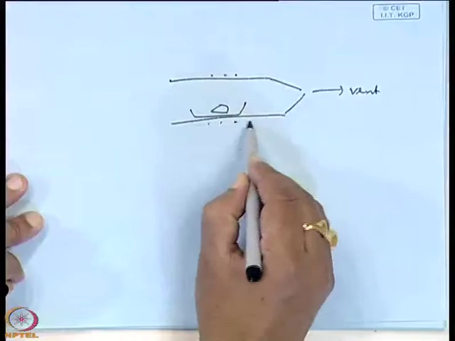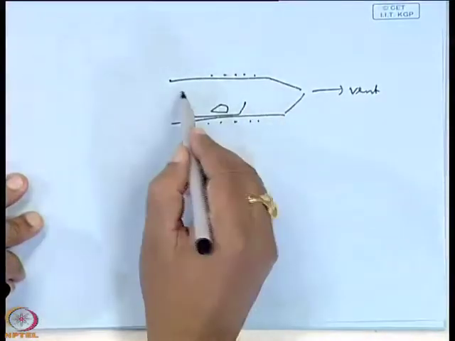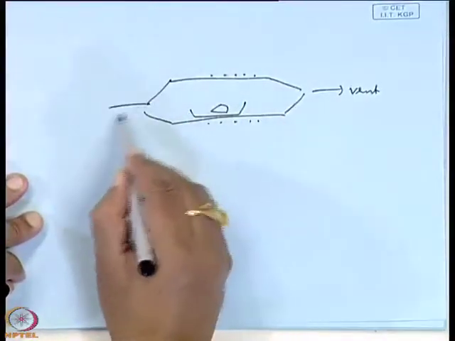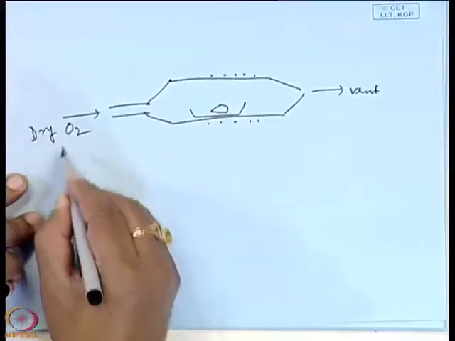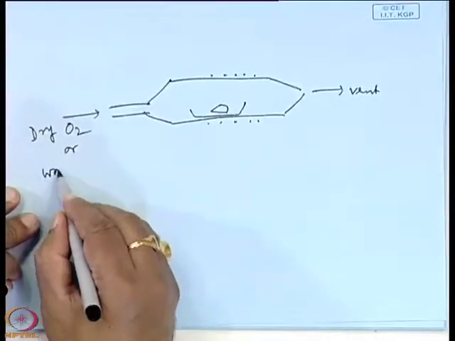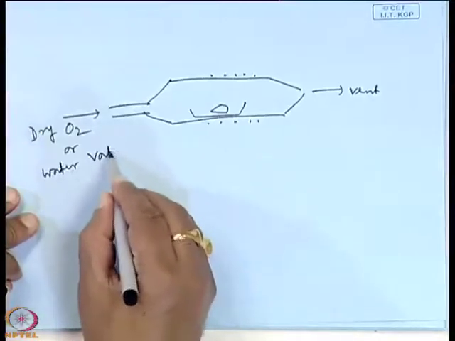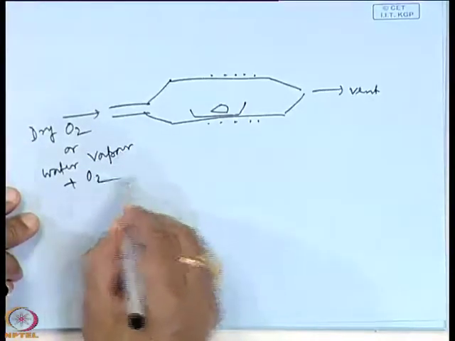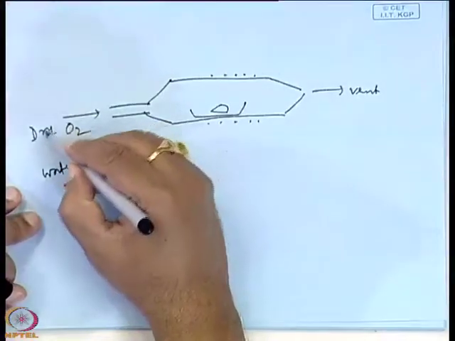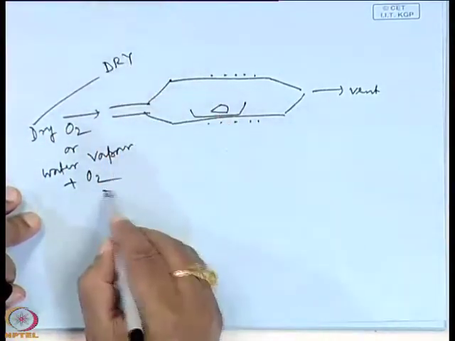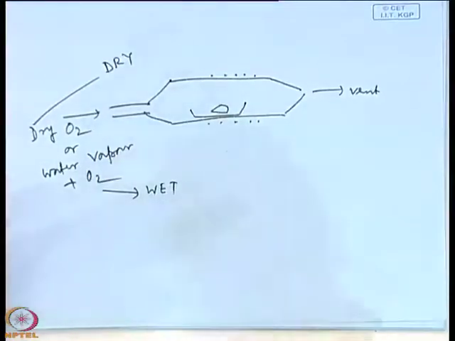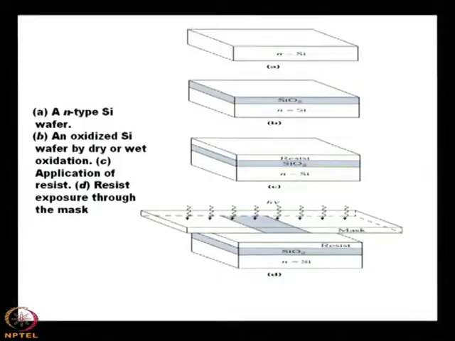This is the heating element, which can be controlled, and you send either dry oxygen or water vapor plus oxygen. With dry oxygen it will be dry oxidation, otherwise it will be wet oxidation. So that is the system.